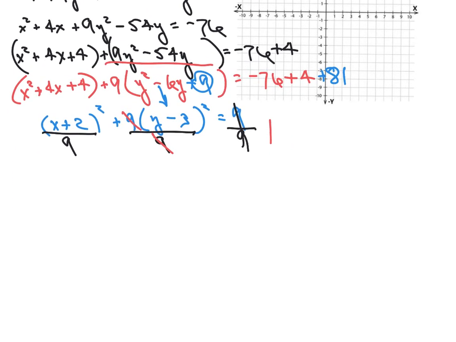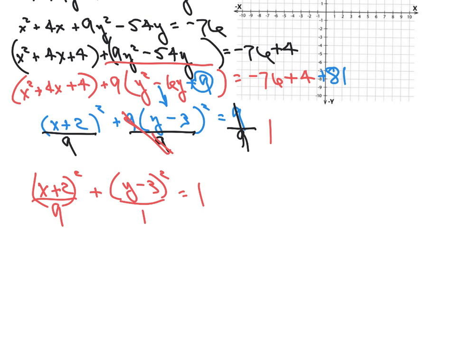So what I've got here is my final product. I like to put that over 1, even though my 9's canceled. I need to put that 1 on there so I know how to graph it.